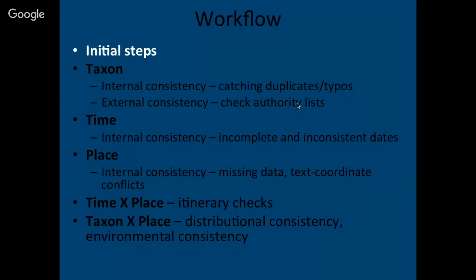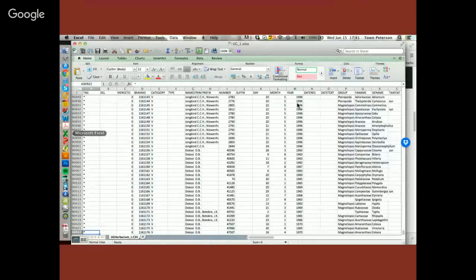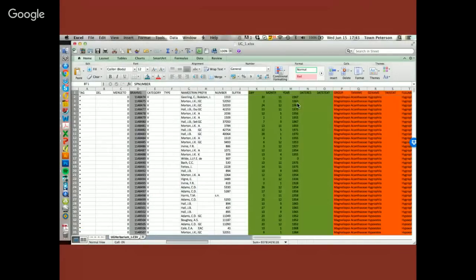So let's start with initial steps, and this is basically just a reminder that we really do need to keep whatever the unique identifier is in a data set. If we lose that unique identifier, then we can have trouble getting our nice clean data back to the original record. And then we also want to get rid of some extraneous fields that perhaps are not directly relevant to a particular set of cleaning and analyses.